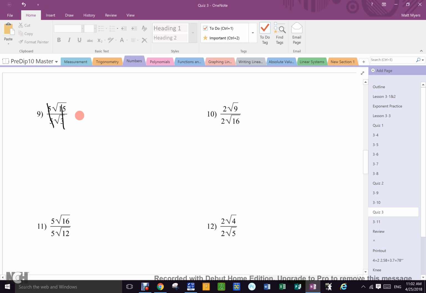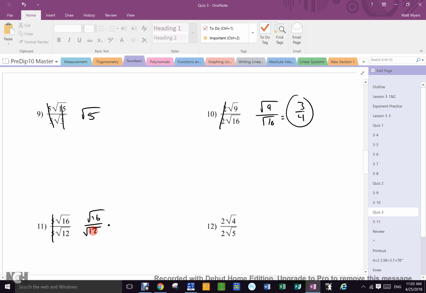Cancel. Root 5. Cancel. Root 9 over root 16 equals 3 over 4. Cancel. Root 16 over root 12.